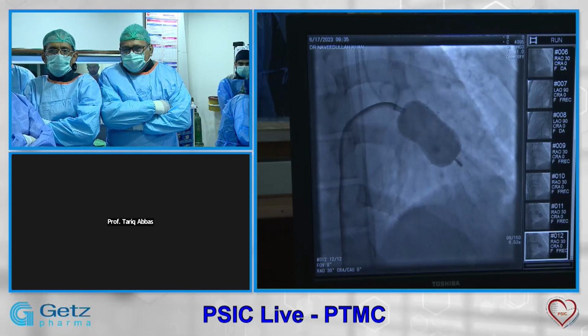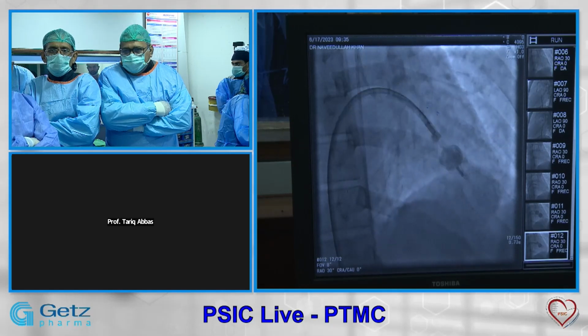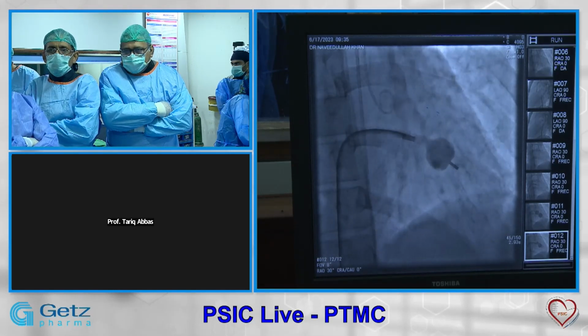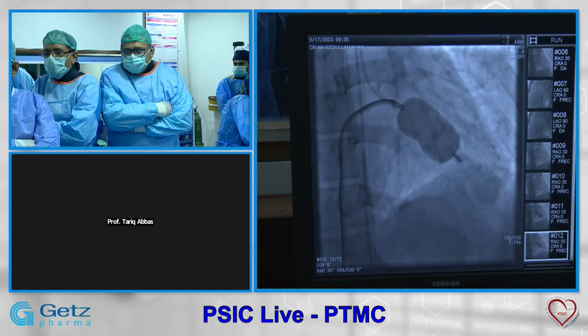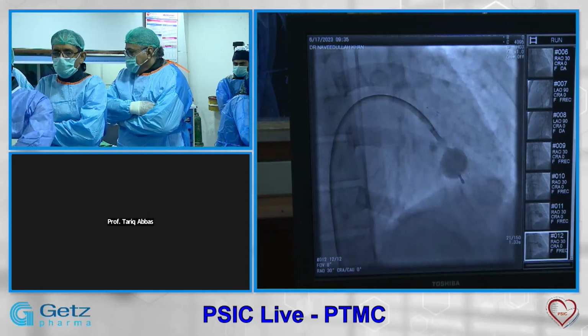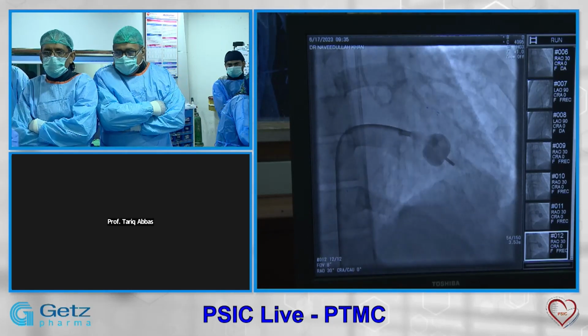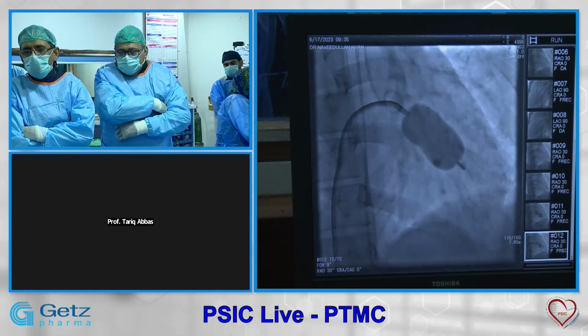One thing I would add is that the operator should do the echocardiography before starting the procedure. Not only the valve, we must know about all other things like pulmonary hypertension, thickening of the septum, the LA and RA size. After that, he can plan his puncture site and all other procedures.